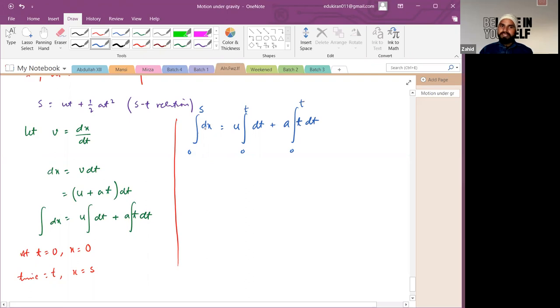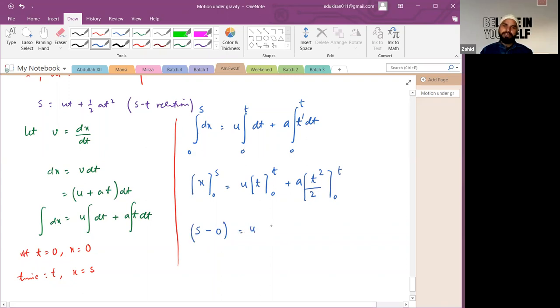For the first part, we have dx. So on integration, it will give you x, limit from 0 to s. u dt on integration will give you t from 0 to t, plus a, t having exponent 1. So on integrating it, you will get t square divided by 2, limit from 0 to t. Now put the limit, upper limit minus lower limit. So it will be s minus 0.